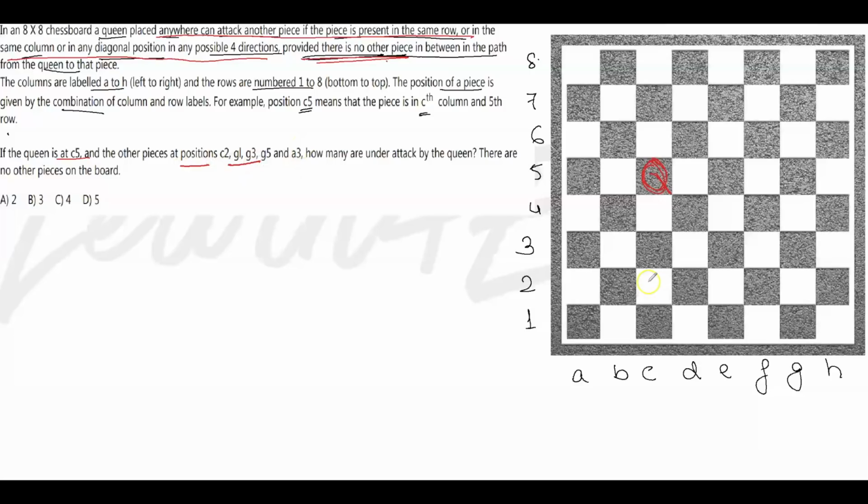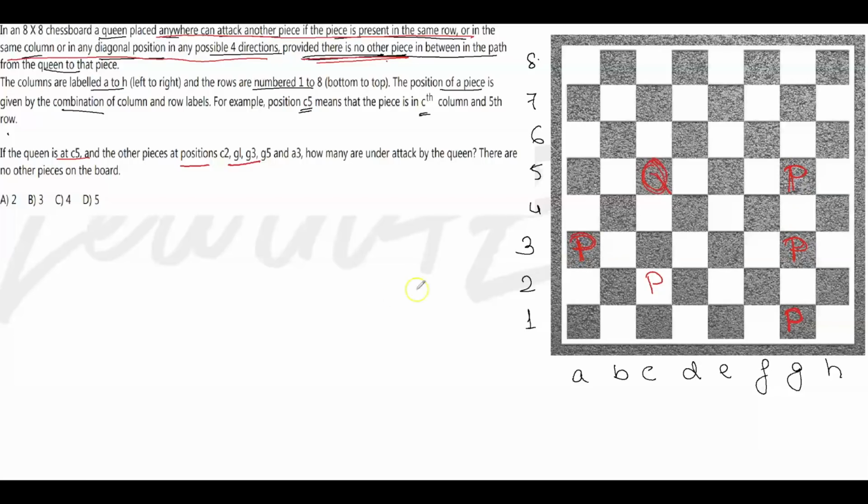I'll write it as a P. P means a piece. So I have C2, I have G1. So G1 is here. Then what else? I have G3, G5, so I have it here. I have one piece here, one piece here as well. And A3, I have another piece here.